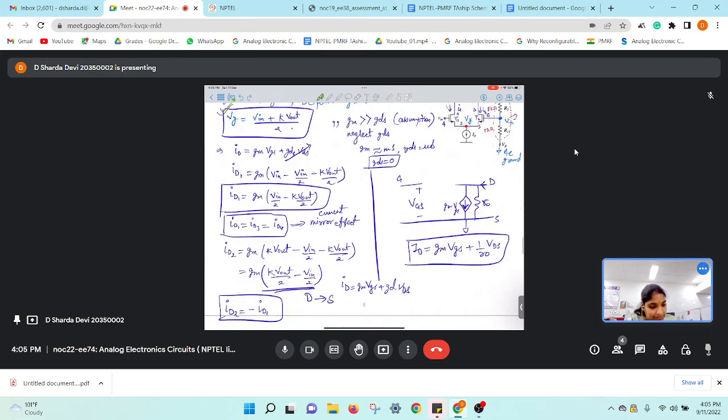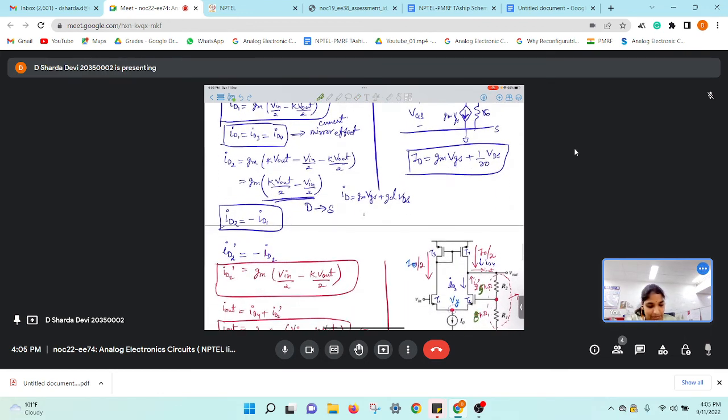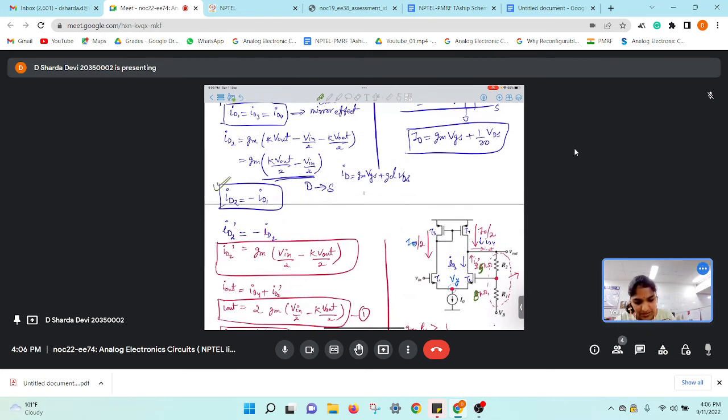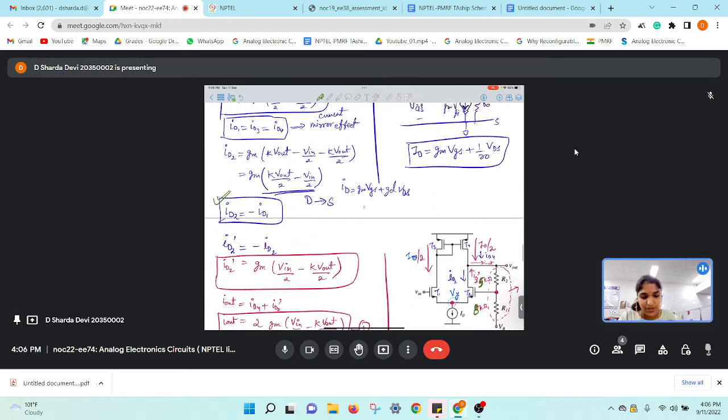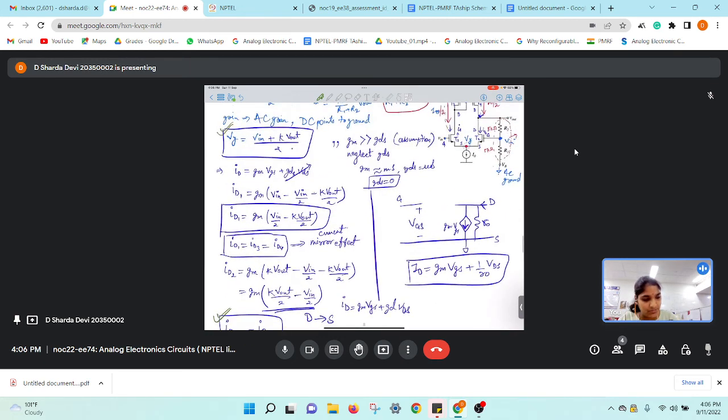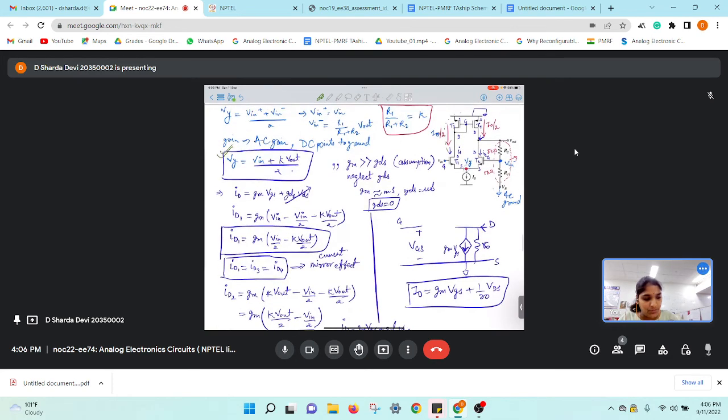After that, we simply got an ID2 for transistor T2. But we know that the current coming out of a basic OTA is 2 times I, right?